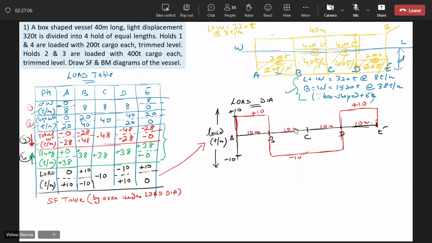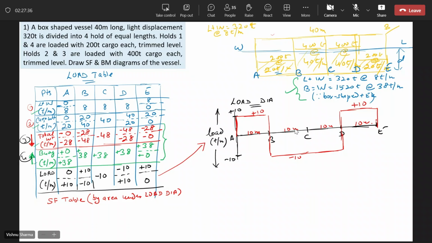Now your focus is on the load diagram. All the points for which you took the load diagram from the load table automatically have to be picked up, and any other extra point where the load diagram may cross the x-axis has to be added. So have you understood how to decide on the points for the SF table now? It's the same rule as when you make the BM table from the SF diagram. Is that clear?